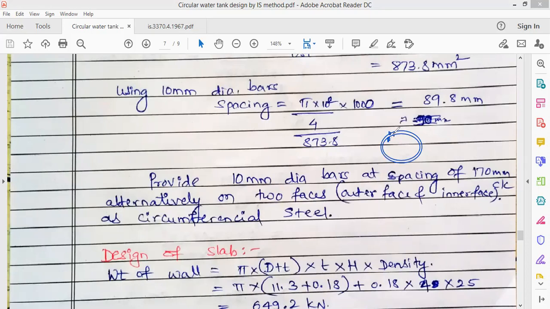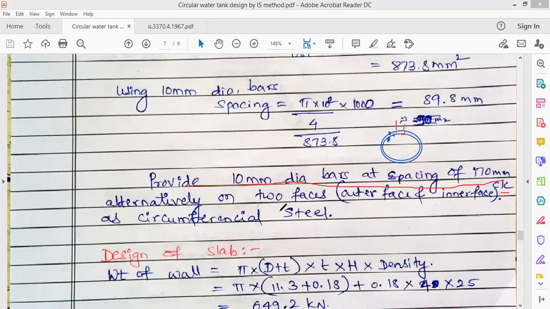Okay. So next bar will be at the inner side, next outer side, next inner side, next outer side. So spacing from here to here it is 85 mm, but from here to here it is double, 85 plus 85, that will be 170 mm. So provide 10 mm dia bar at a spacing of 170 mm center to center. From here to here it is 170 mm, but alternatively the spacing will be 85 mm, right?